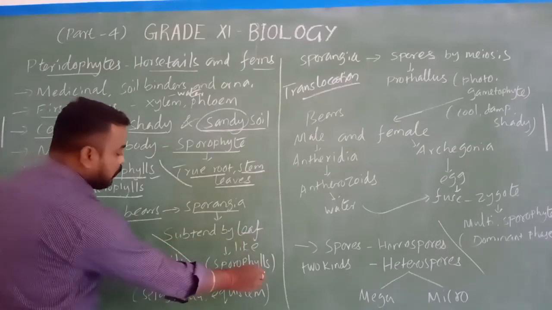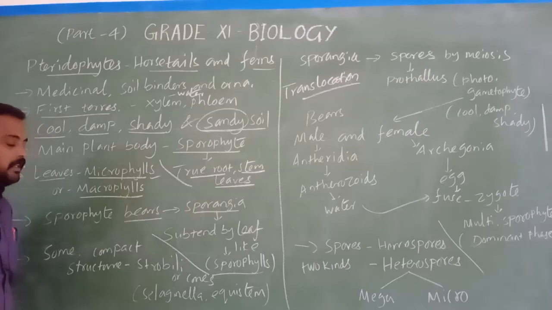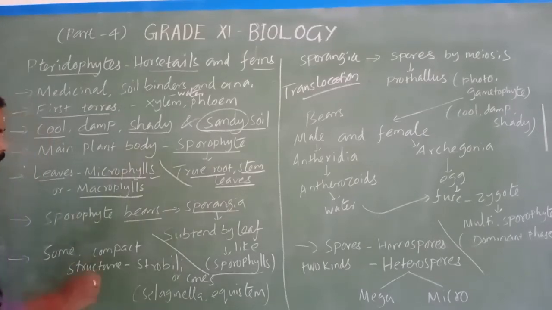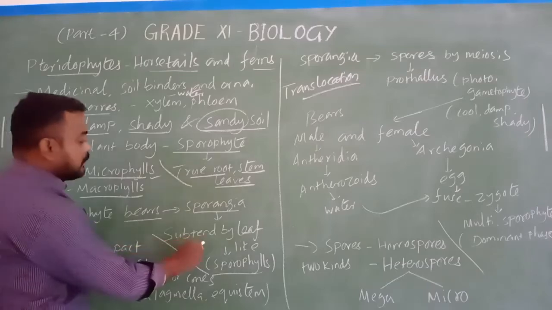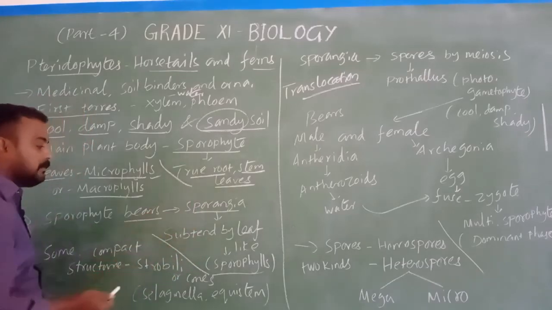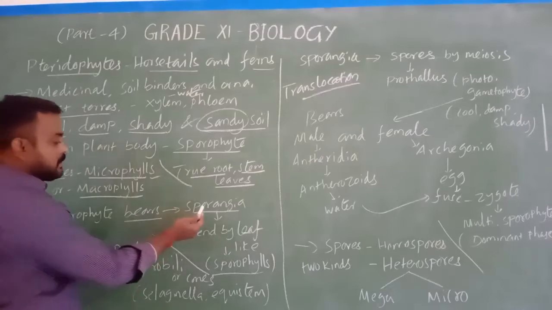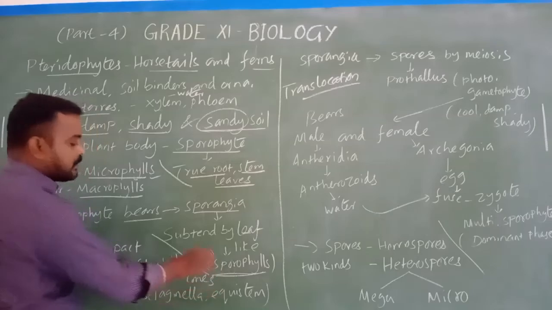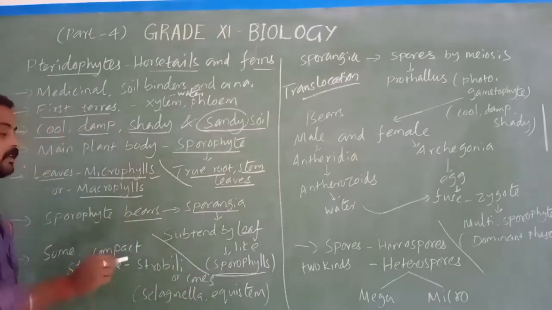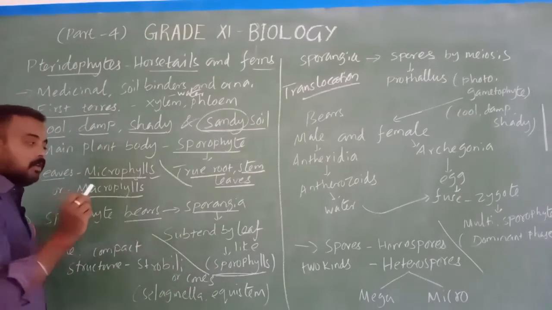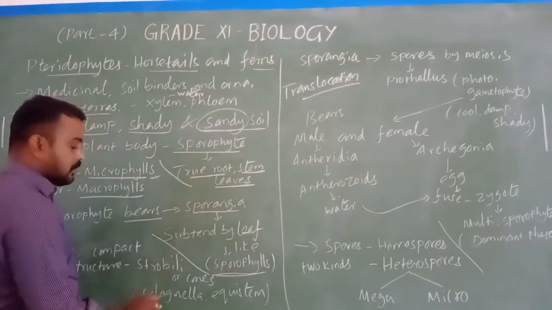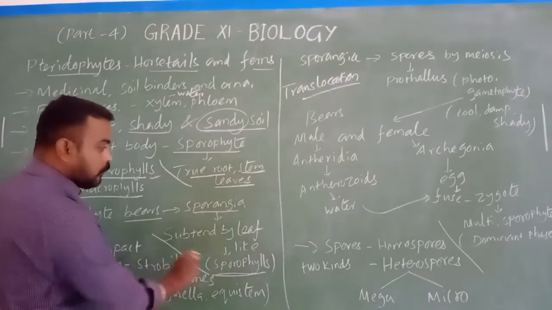It is called sporophylls. But it is not a leaf. Sporangia sustained by a leaf-like structure are called sporophylls.